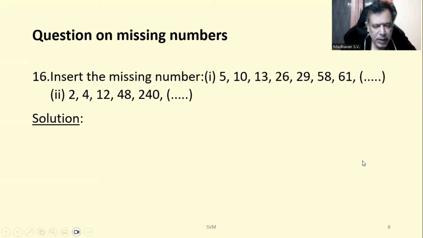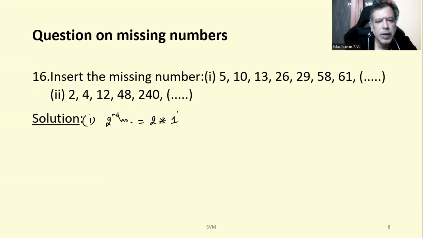Insert the missing number in this sequence of numbers. In this first one, let us identify a pattern. We may note the second number is double the first number, so 2 times the first number.